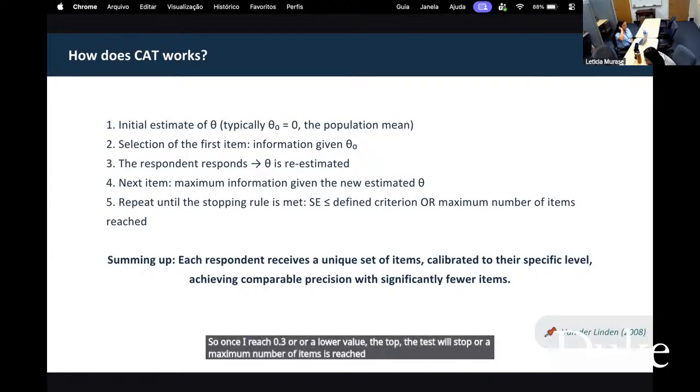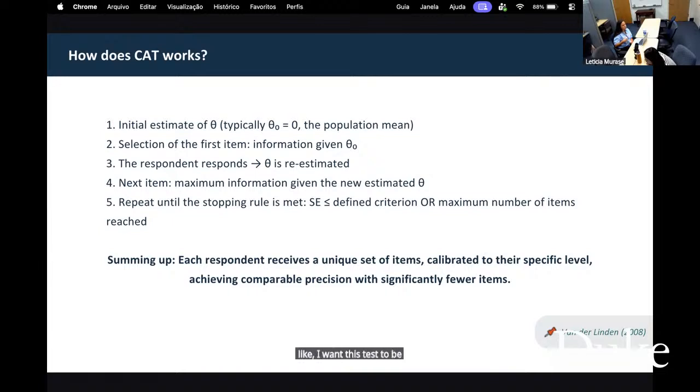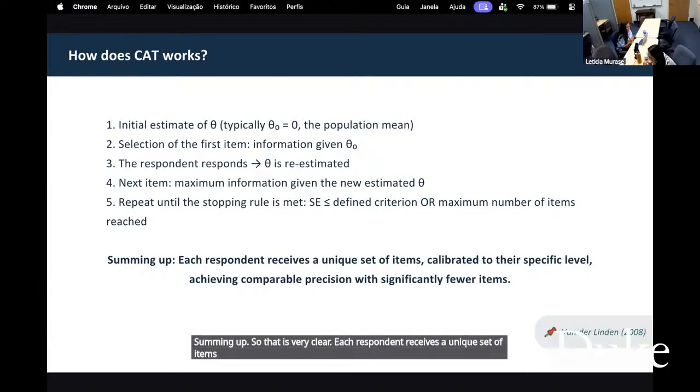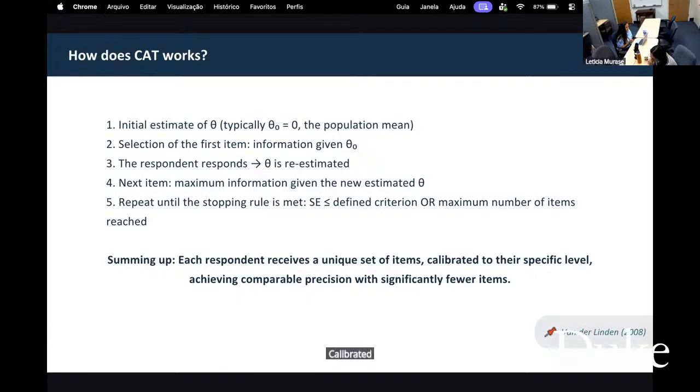So like I want this test to be no more than 30 items, so once the participant has responded to 30 items, the test will also stop. Summing up, each respondent receives a unique set of items calibrated to their specific level of ability, achieving comparable precision with significantly fewer items.